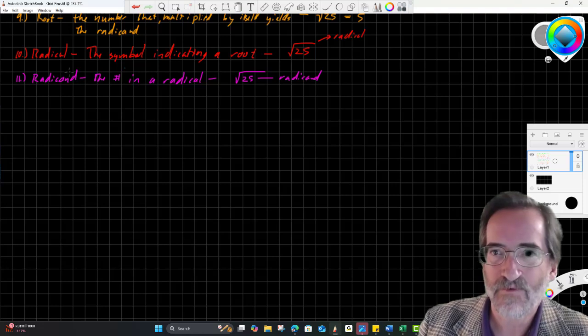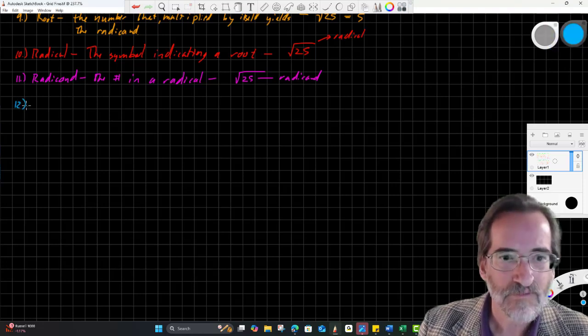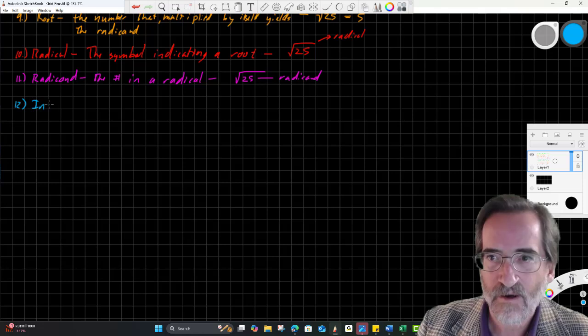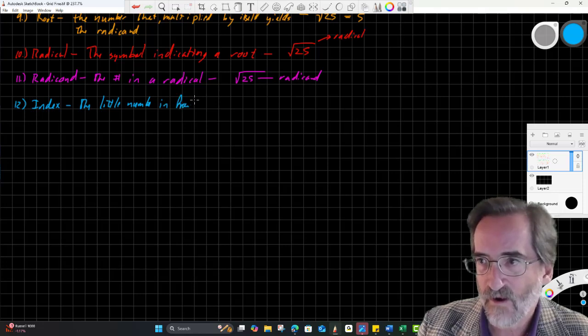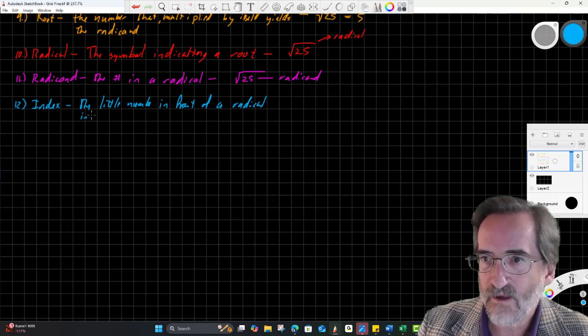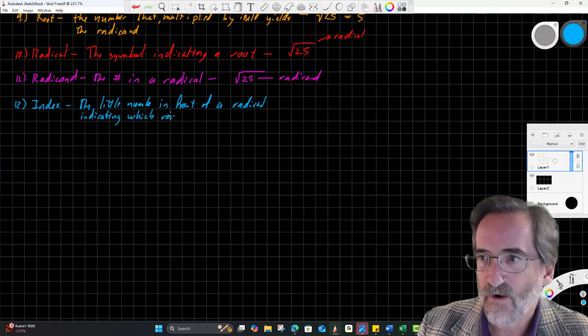Number 12. Index. The little number in front of a radical. Indicating which root is sought.